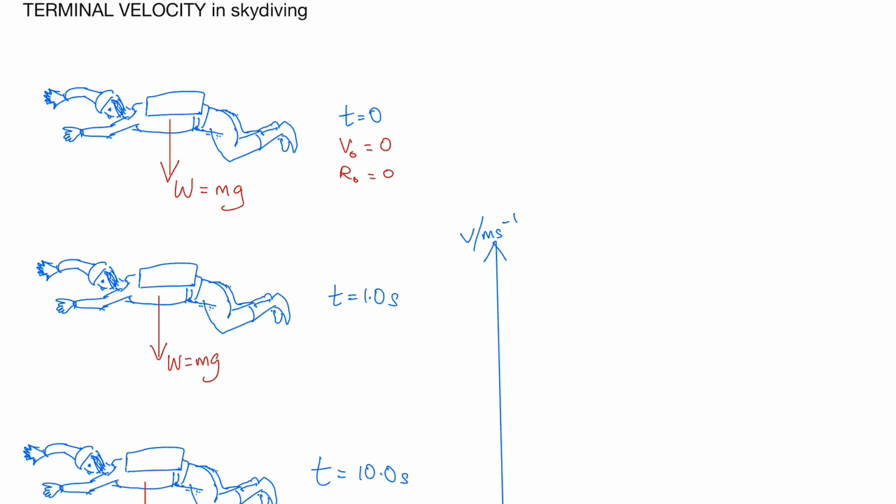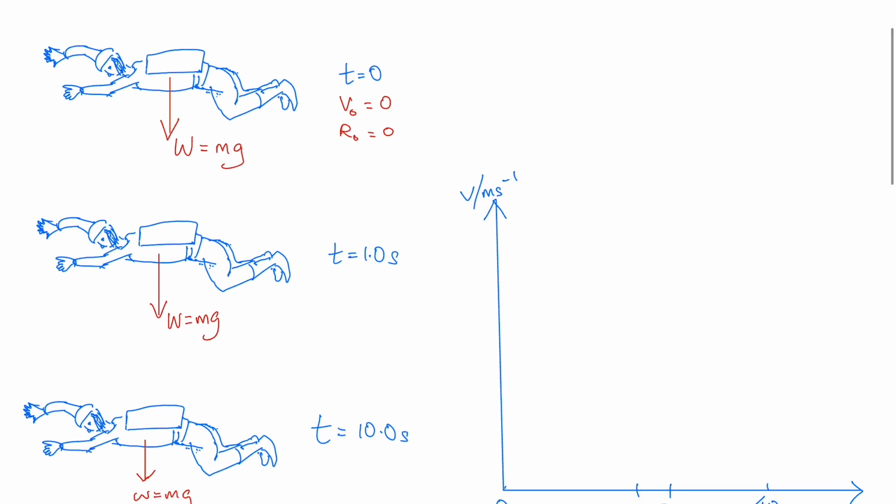As the skydiver starts to plummet, at time t equals 1 second, he has gained some non-zero speed, which is bigger than v0. At this point, there will be a non-zero air resistance, and we're going to include it here. It's just a very small air resistance at time t equals 1.